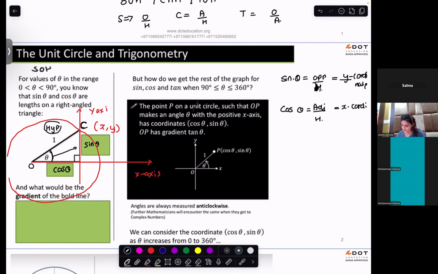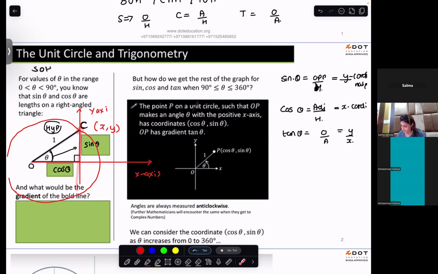How do I get the tan theta? It is opposite over adjacent, so it would be y over x. My C is over here, right?